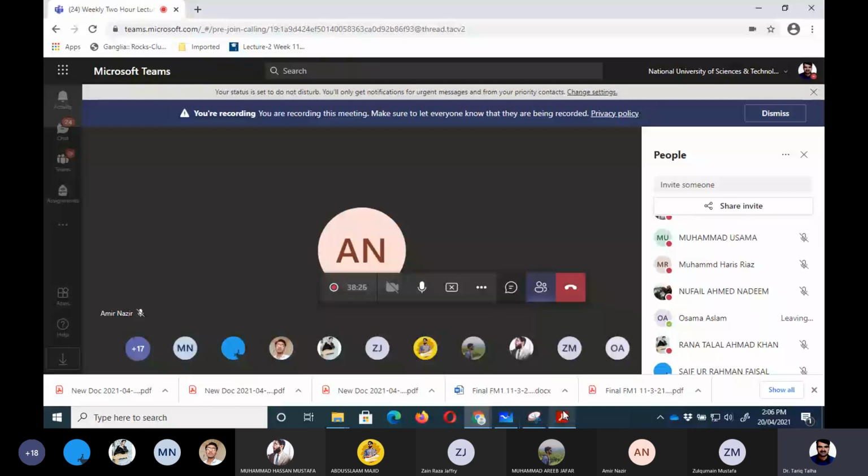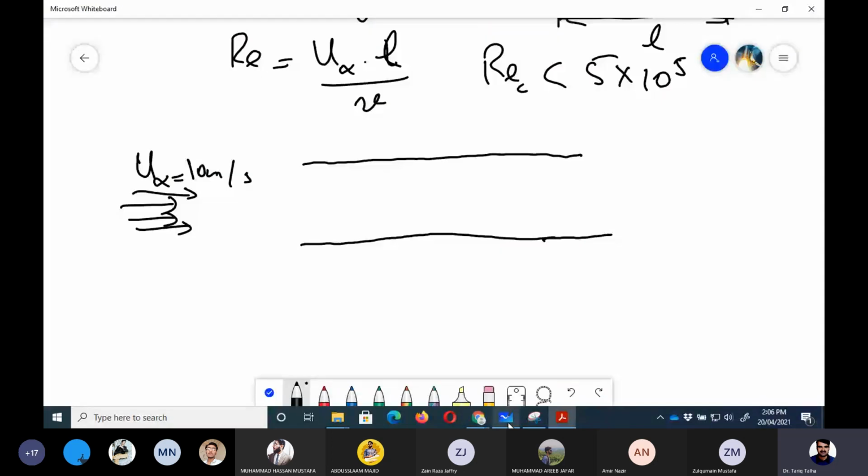So when it would enter this pipe, it would try to maintain this uniform velocity, which is 10 meter per second. But because we know that there is a condition which is called no slip condition, which means that the first layer of molecules need to stick with the pipe surface, and it would have the same velocity as of this pipe, which would be zero in this case.